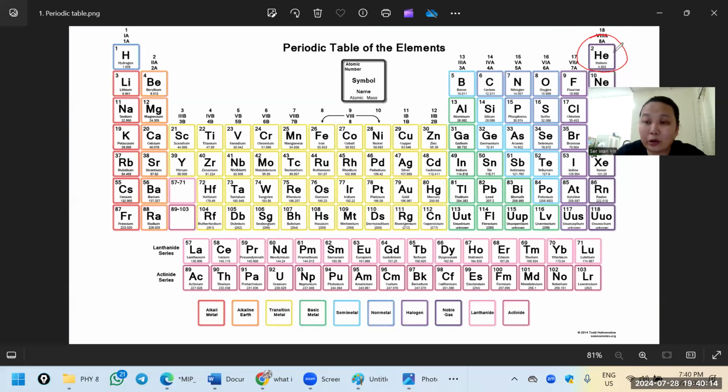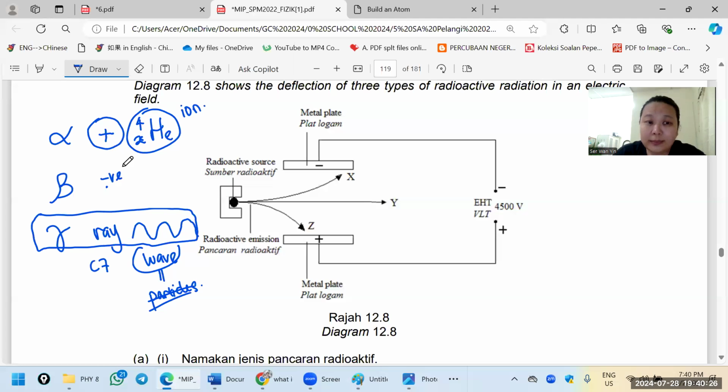Helium ion means it does not have electrons. Inside there are two protons and two neutrons. So totally the charge is still positive. Then gamma is a ray, a wave, so we call it a neutral wave. Okay. So it's positive, it's negative.